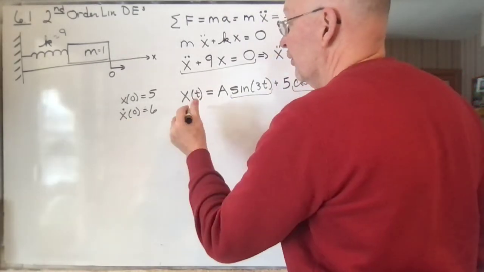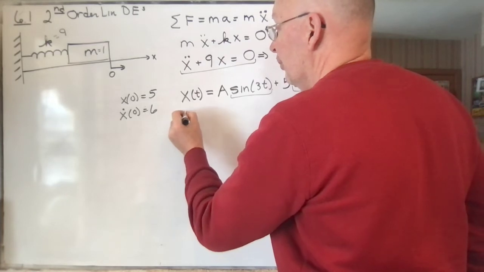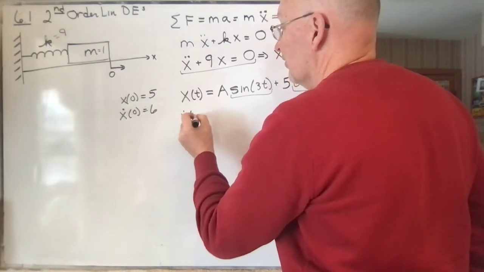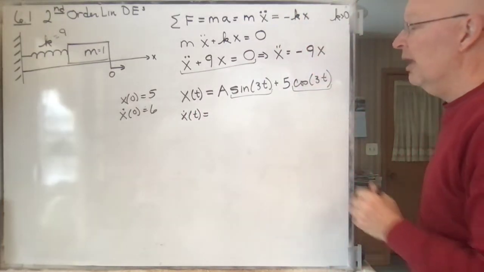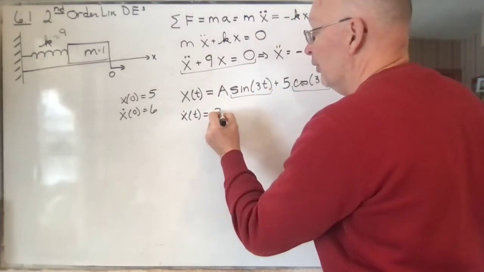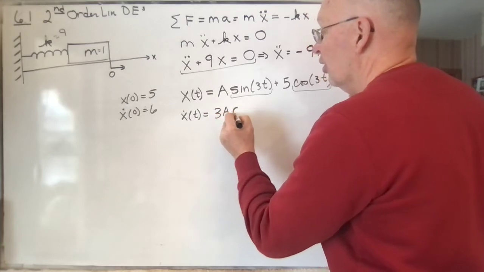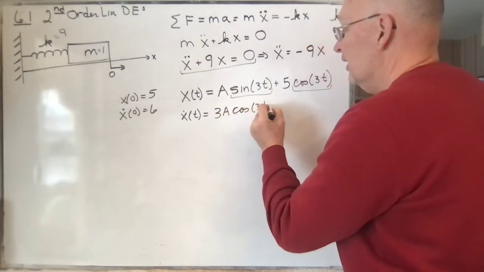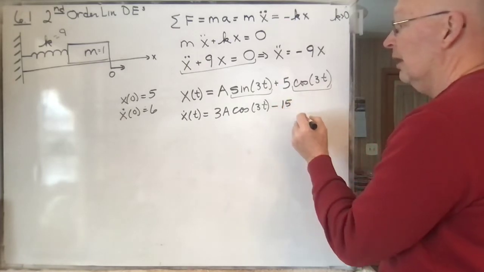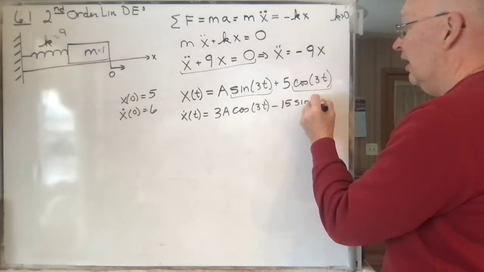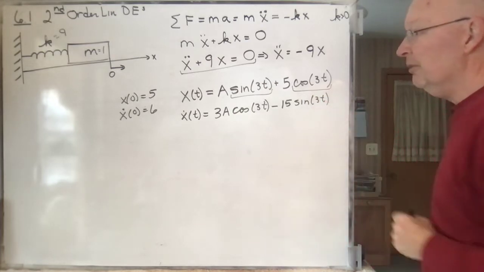And now, what about the derivative? We're going to have to take the derivative first, so we get x prime, or x dot. I'll say the word prime probably, even though I put a dot there. If you take the derivative, you're going to get 3a cosine of 3t, and then it's going to be minus 15 sine of 3t. Everyone agreed?